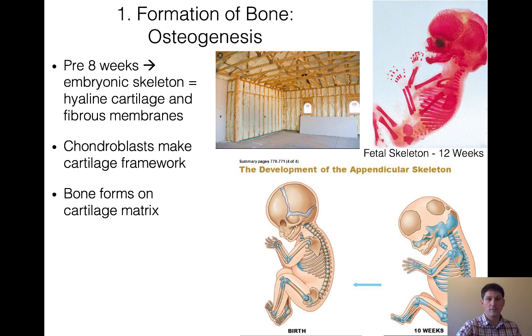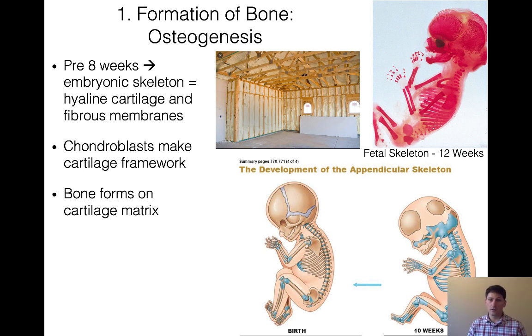So you can see in this image, I've got this image of a house, and we've got this framework of wood that is kind of the skeleton of our homes, if you will. In order for us to put on our drywall, we have to have this framework below it so that we can form our rooms and hang our windows and hang the drywall and then paint it and hang up stuff on the walls. So bone is doing the same thing with cartilage.